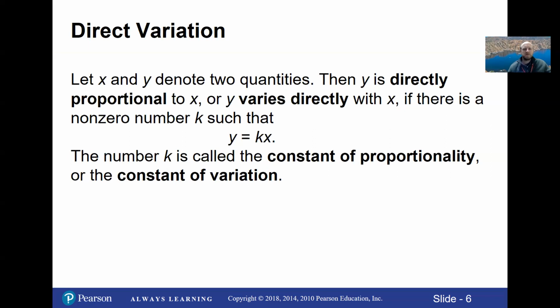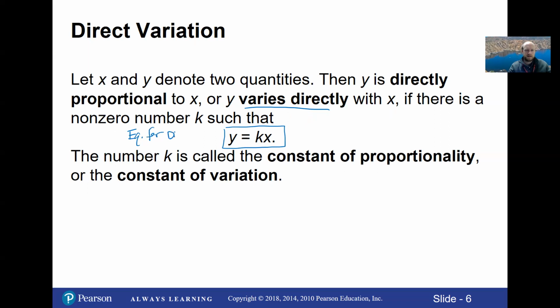So let X and Y denote or represent two quantities. Then Y is directly proportional to X. We also normally say that Y varies directly with X if there is a non-zero number k such that y equals kx. So this is our equation for direct variation.